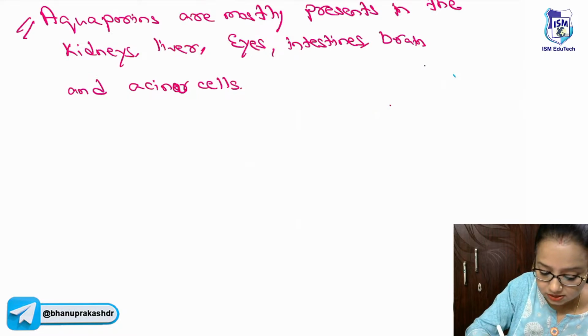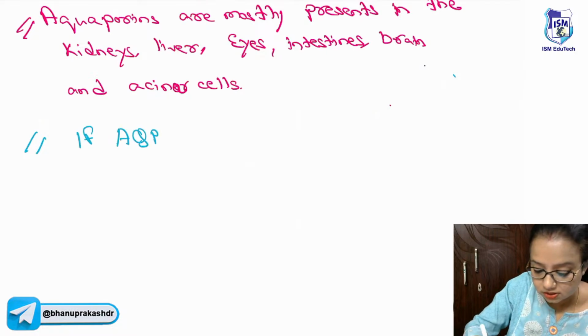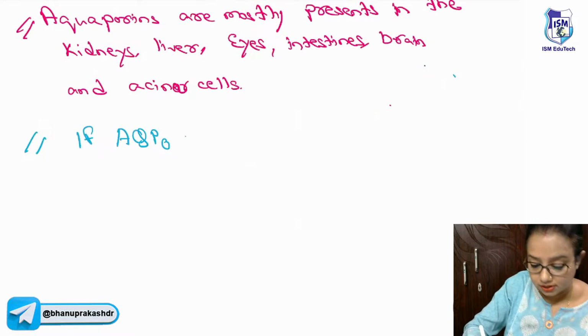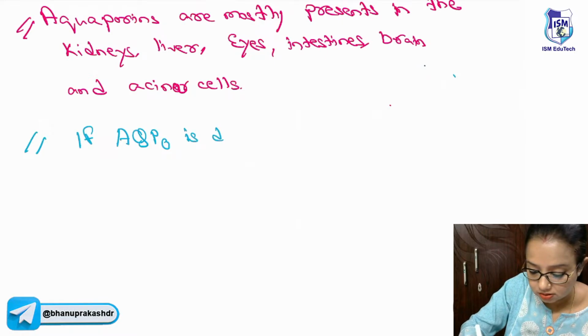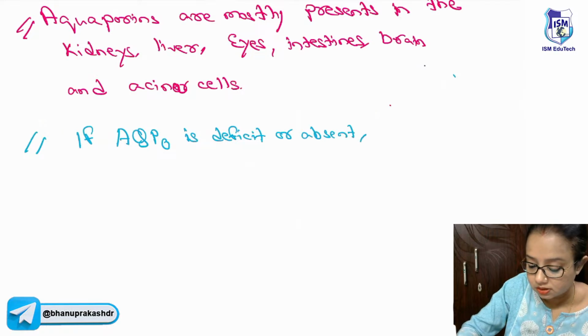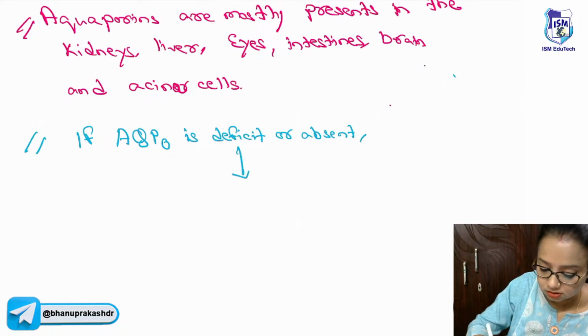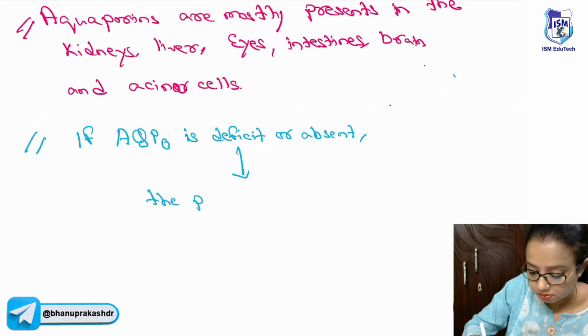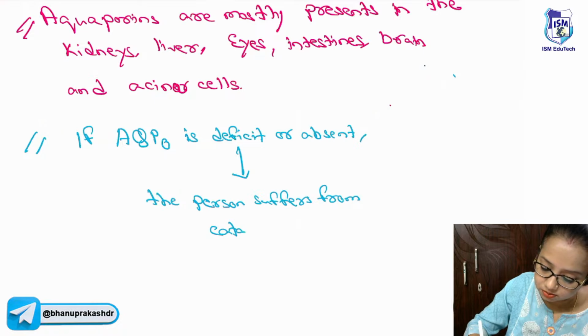The clinical implication is, say for example, if aquaporin channel 0 is deficient or absent, then the person suffers from cataract problem.